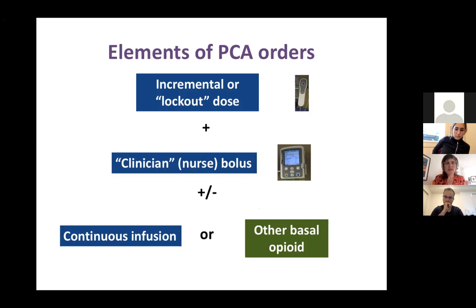But don't be scared of that. It's usually not a very long process. If your patient comes in on a basal opioid, like methadone or MS-Contin, you need pain service approval to continue that. Again, not a super long process.